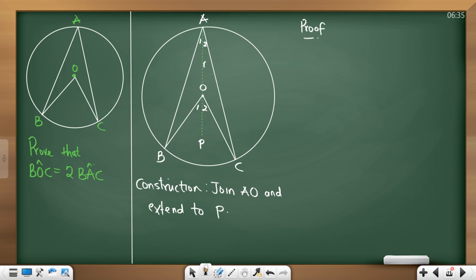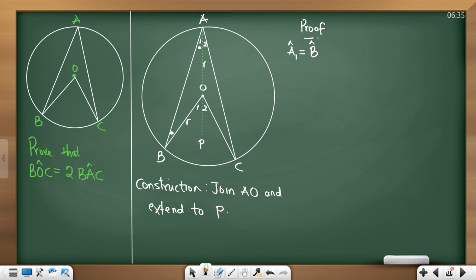Now that I have joined AO and extended it to P, angle A1 is therefore equal to angle B. Why? I don't know if you see a triangle there, an isosceles. Because AO is a radius and OB is a radius, this angle here is actually equal to that angle.